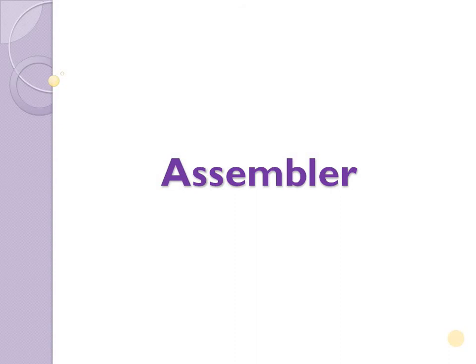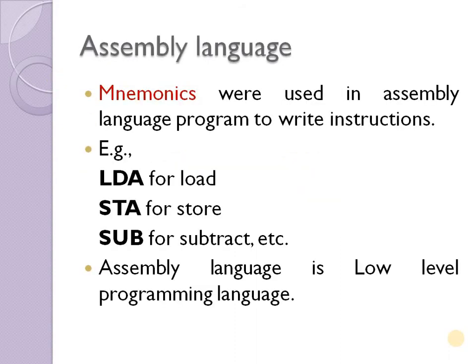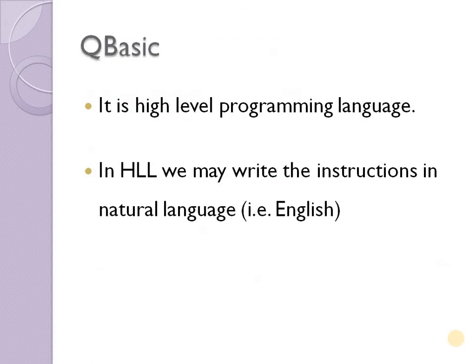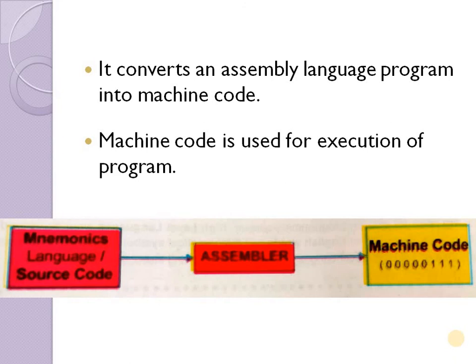So what is assembler? We discussed here assembly language. Whenever you use assembly language, one assembler is used, and this assembler converts the code written in the assembly language to the machine code, to the machine language. It converts any assembly language program into machine code, and machine code is used for execution of the program.